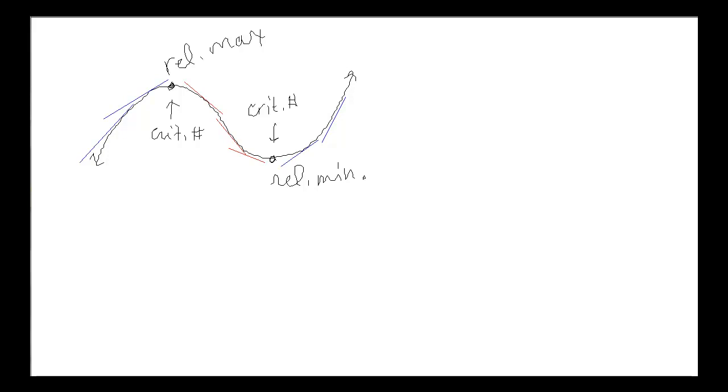So all we're going to do is take what we just did for testing for increasing and decreasing, and add one more step: if we go from positive to negative at a critical value, that critical number has to be a relative maximum. Or if we go from negative to positive in the derivative, then at that critical number we have a relative minimum. Okay. If they're the same sign to the left and to the right, then we don't have either. We do not have a relative extrema. Okay. So let's go ahead and put this to work.